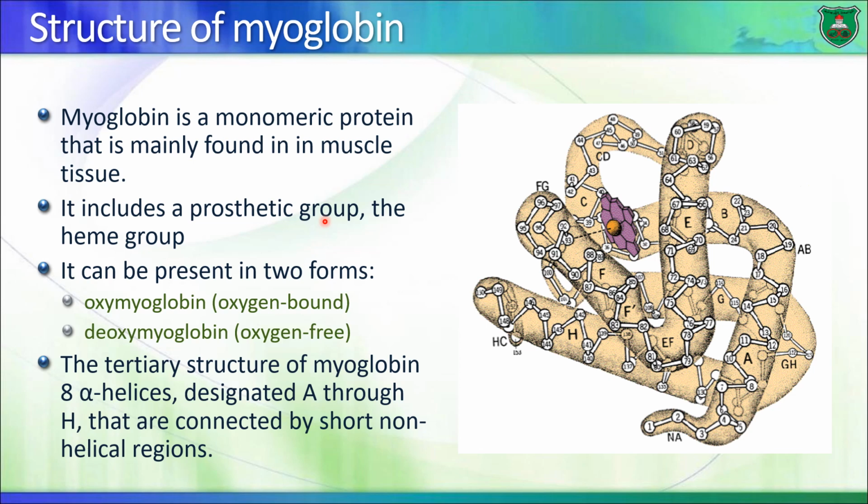So let's move on and talk about myoglobin. Myoglobin is a monomeric protein, meaning that it is composed of just one single polypeptide chain.